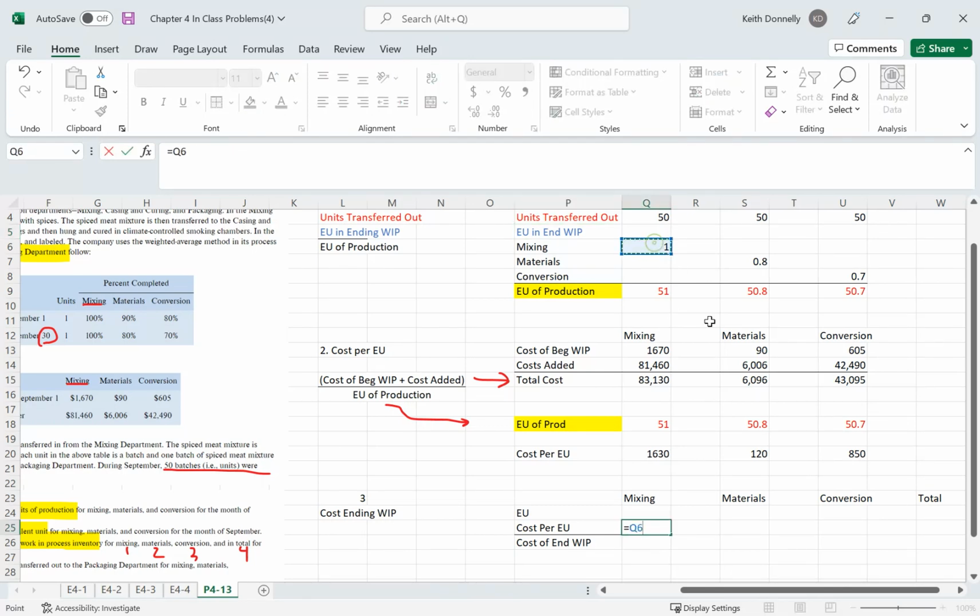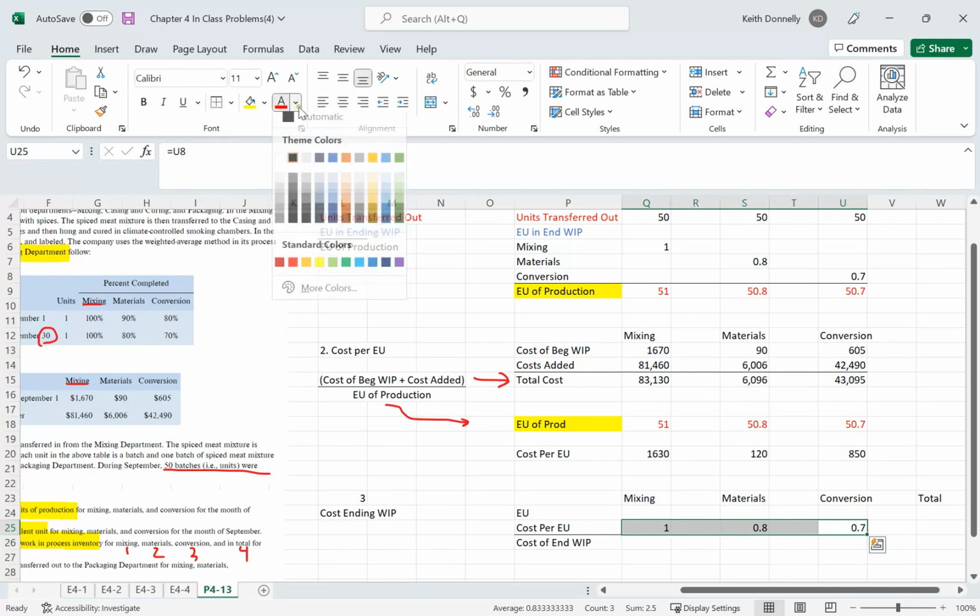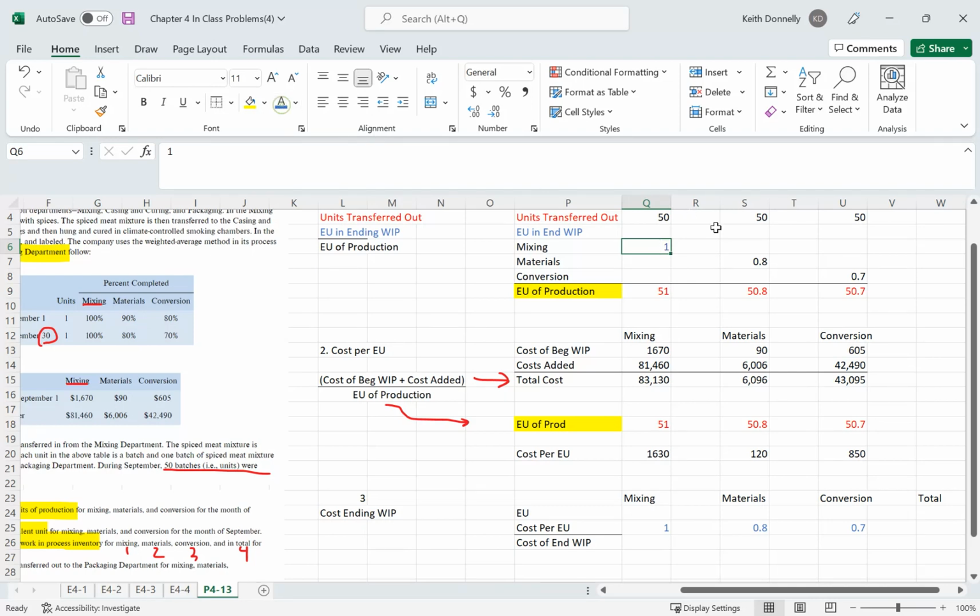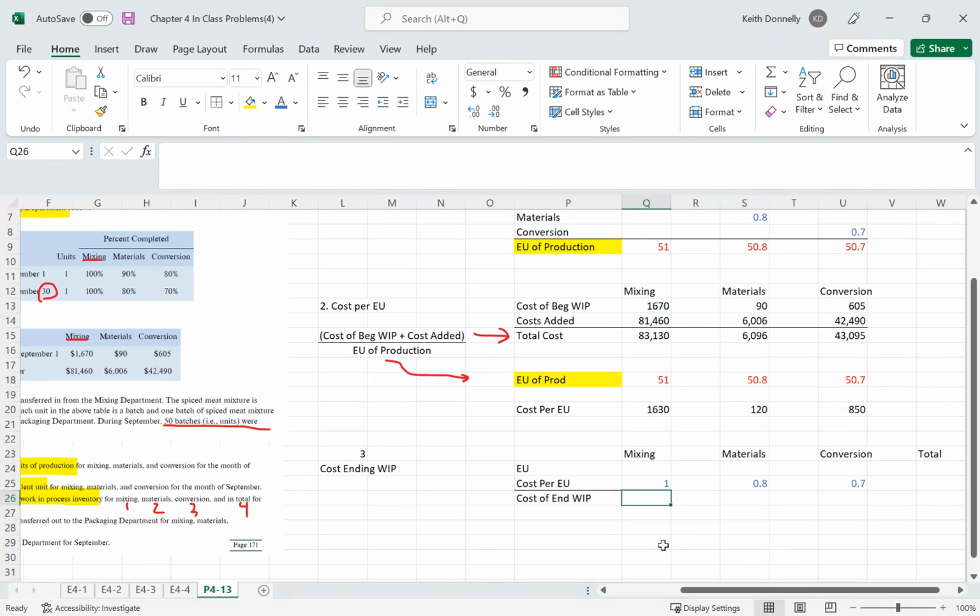So it's going to be 1.8, 0.7. Let's make these blue, just to show you how these are flowing down. Oh man, sorry about this.